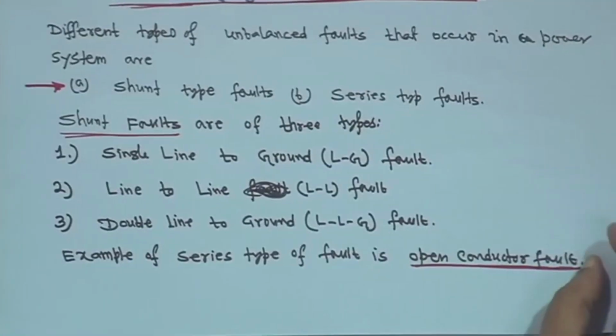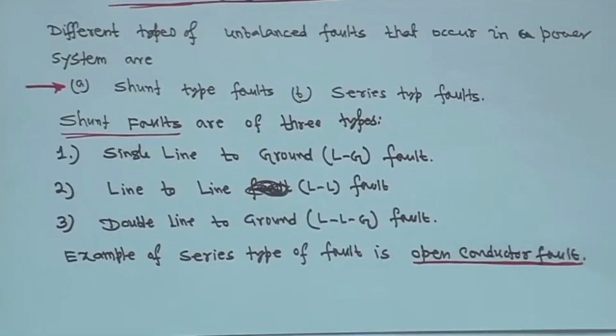So, next we will begin unbalanced or unsymmetrical faults. Unbalanced or unsymmetrical faults actually occur in a power system. These faults are very common, because in the previous lecture we have seen the 3-phase fault, and the probability of occurrence of that fault is very rare, but this kind of fault is very common.